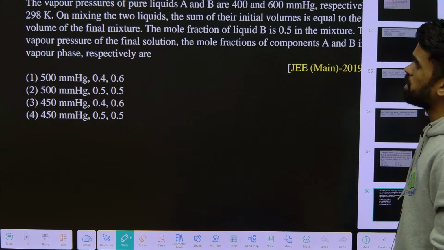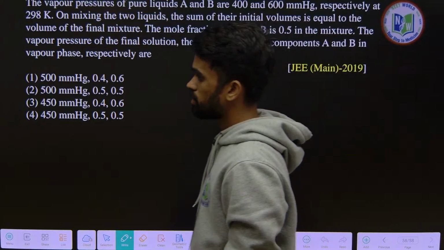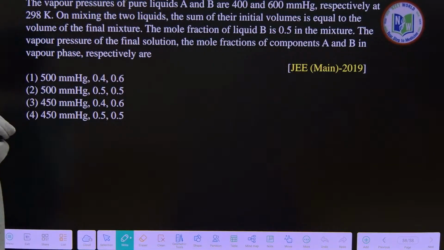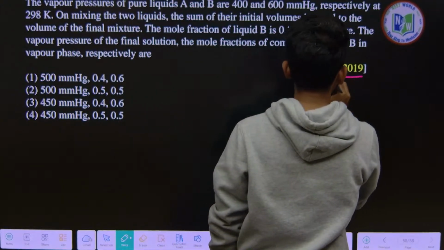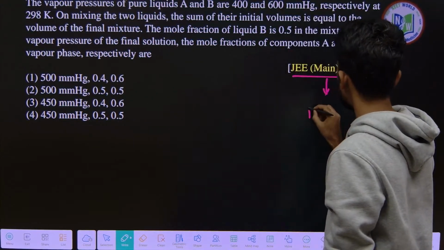Can anyone in the chat box answer this question from JEE Mains? If you are facing difficulty to answer this, it is very easy, guys. I have solved this question in the first session, on Raoult's law.